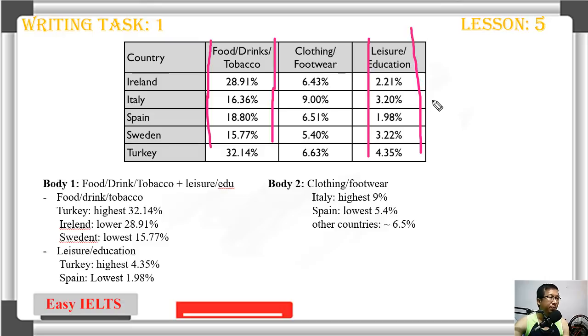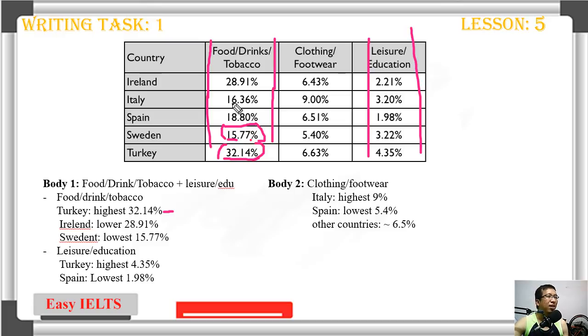It doesn't matter. Okay, if we look closely at the column here, food, drink, and tobacco, you can see the number for Turkey is highest, and the number for Sweden is lowest. And we got 2 numbers, and we're going to pick up another one.